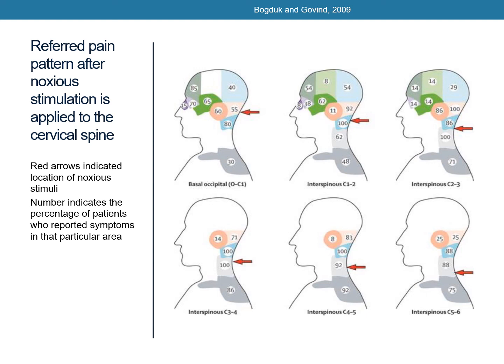This particular slide looks at pain patterns associated with noxious stimuli applied to different regions of the cervical spine. And this really relates back to cervicogenic headaches, right? So if we're not dealing with a vascular concern, and our movements are changing patient symptoms, we need to think about a cervicogenic headache.